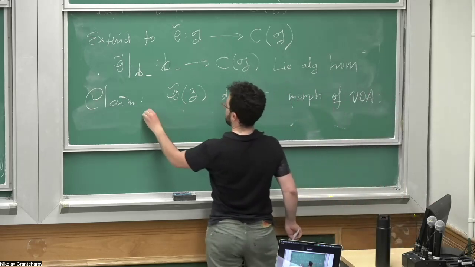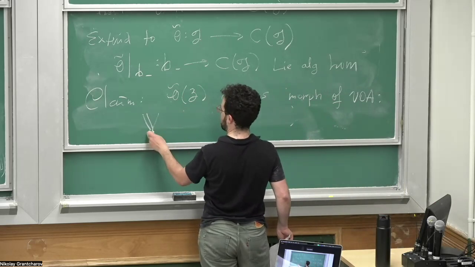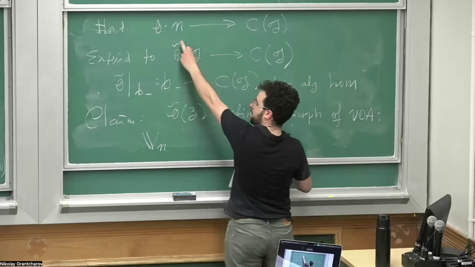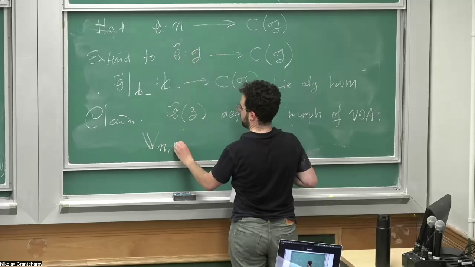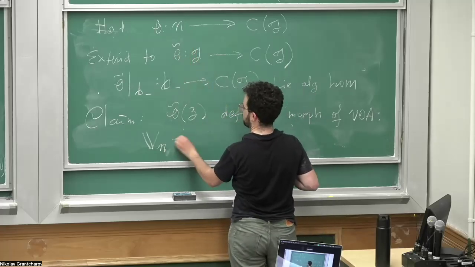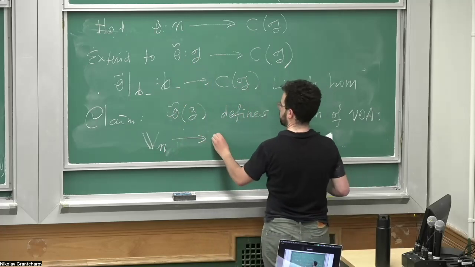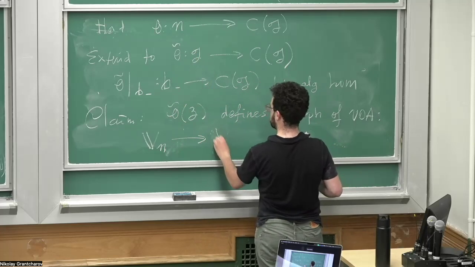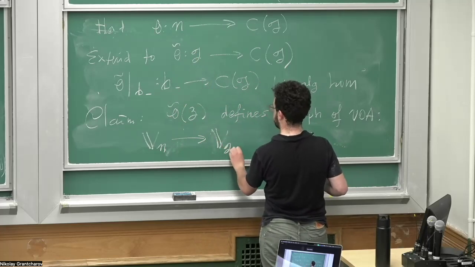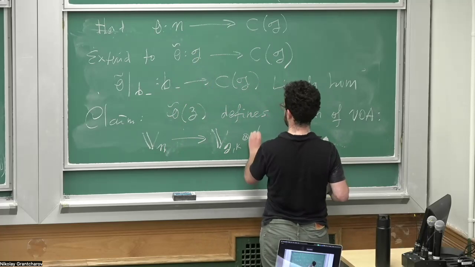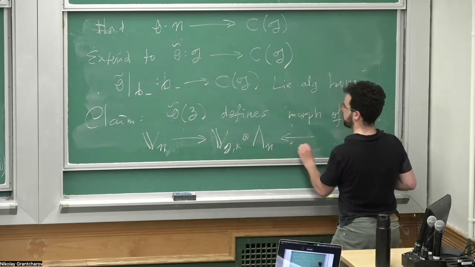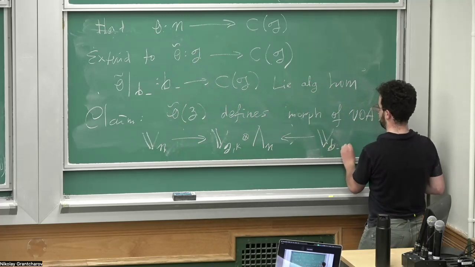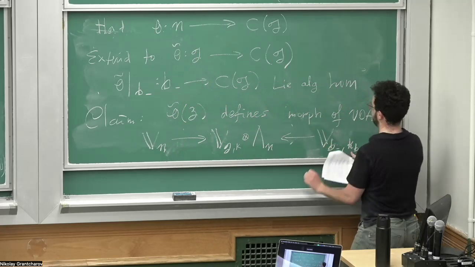So from the Kac-Moody vertex algebra corresponding to N, this comes from this component, this is a part where we already have. And another morphism of the minus some modification of the level.